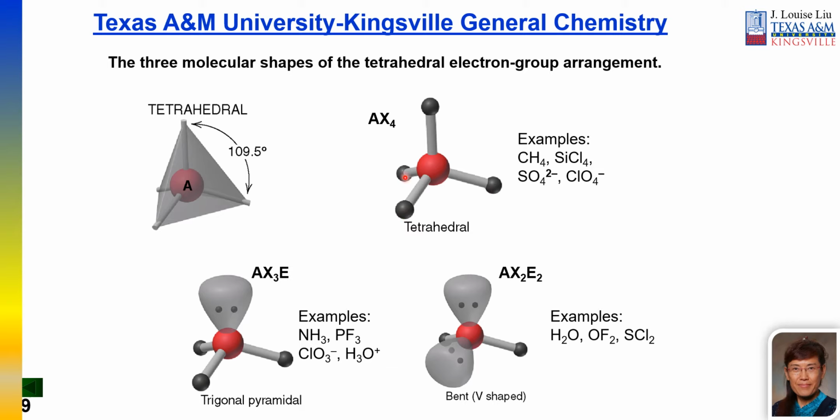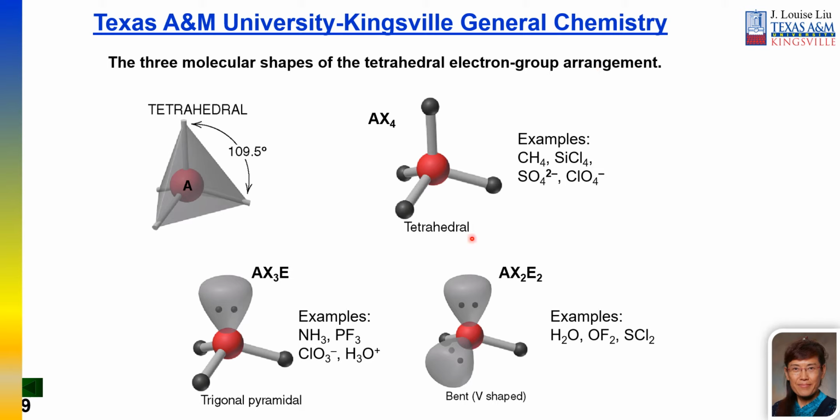These 3 atoms are located in the same plane. Your central element is lifted up, the very last pointed up. The bond angle for this structure is 109.5. Based on this electron group arrangement, you can have totally 3 structures.